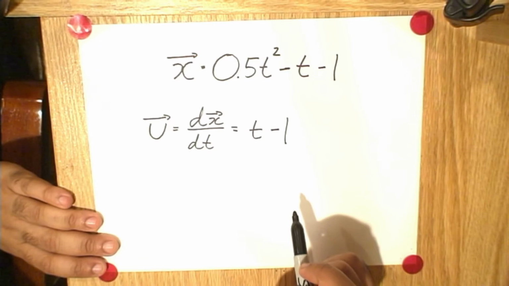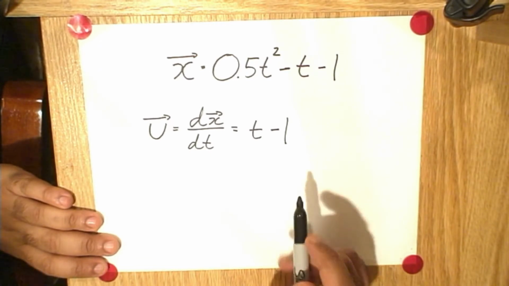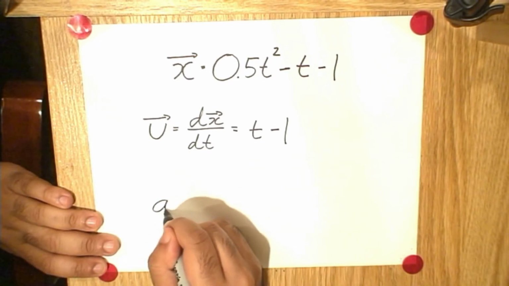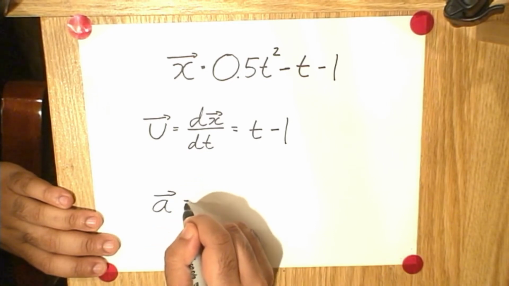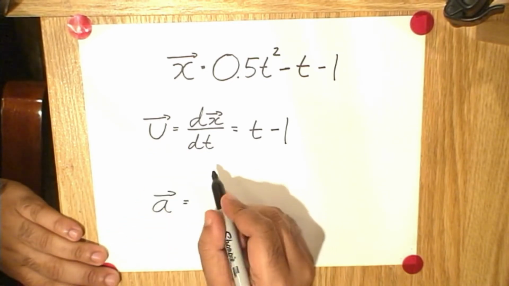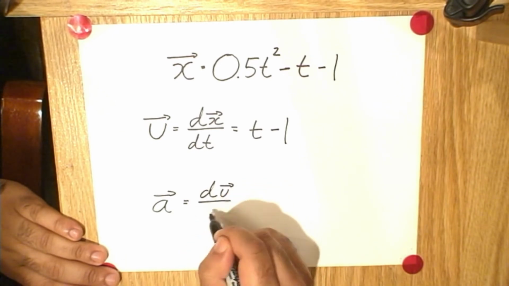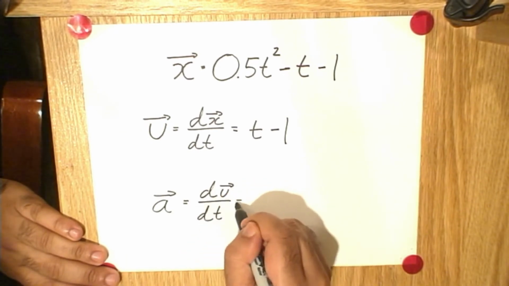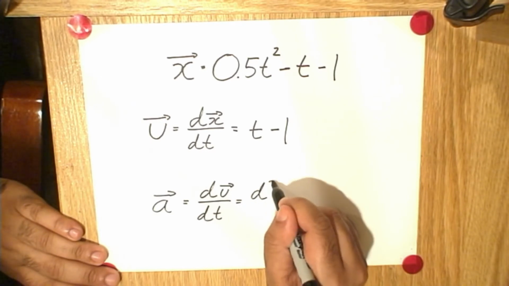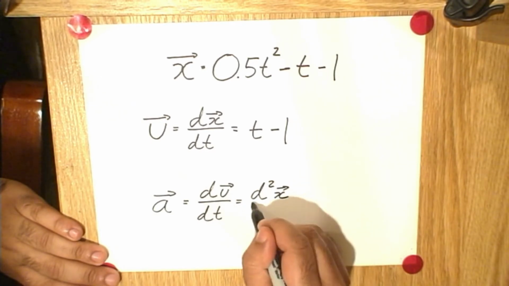What if we wanted to find the instantaneous acceleration? Start with the acceleration, and remember that acceleration is equal to the derivative of velocity, which is equivalently the second derivative of position.